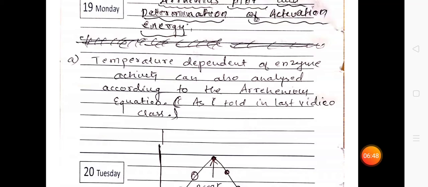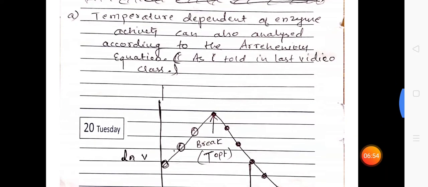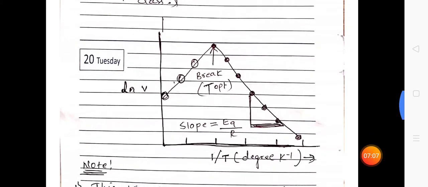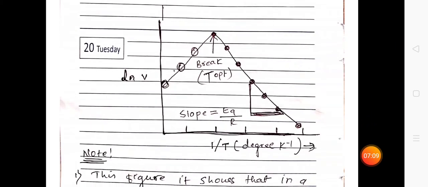The temperature dependence of enzyme activity can also be analyzed according to the Arrhenius equation, as I told in the last video class. And you can see the plot here, the logarithmic velocity, that is v, versus 1 by T in degree centigrade.